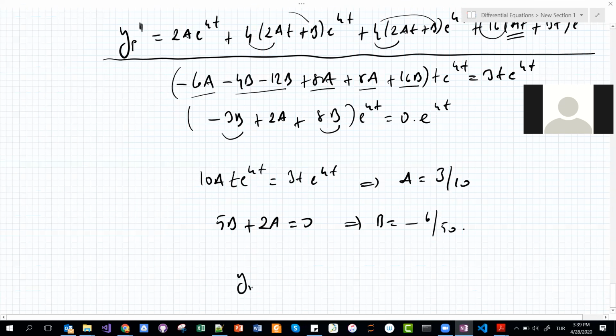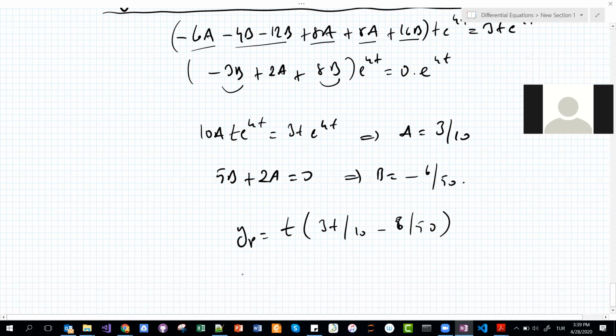So my particular solution then is going to be equal to t times (at plus b), which is t times (3t over 10 minus 6 over 50), times e to the 4t. Okay, that's my solution. Of course, you are going to need the yh, c1 e to the 4t plus c2 e to the negative t.